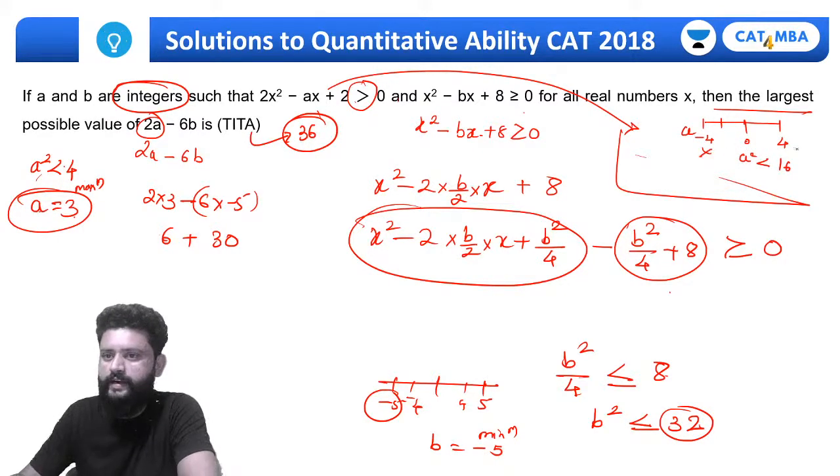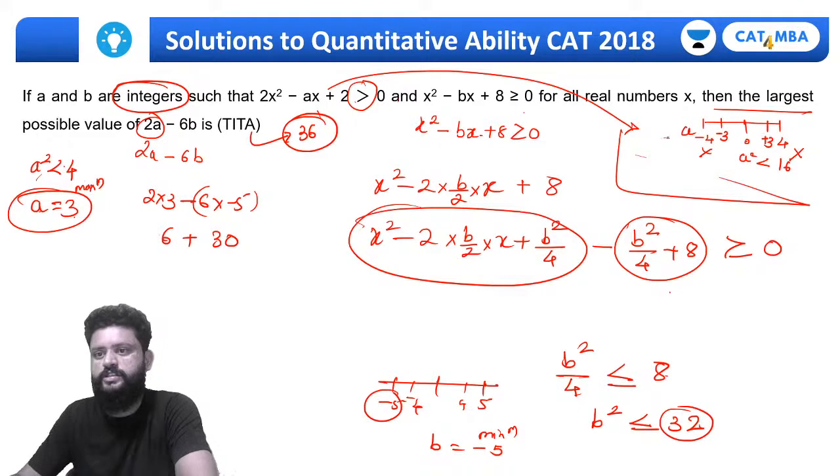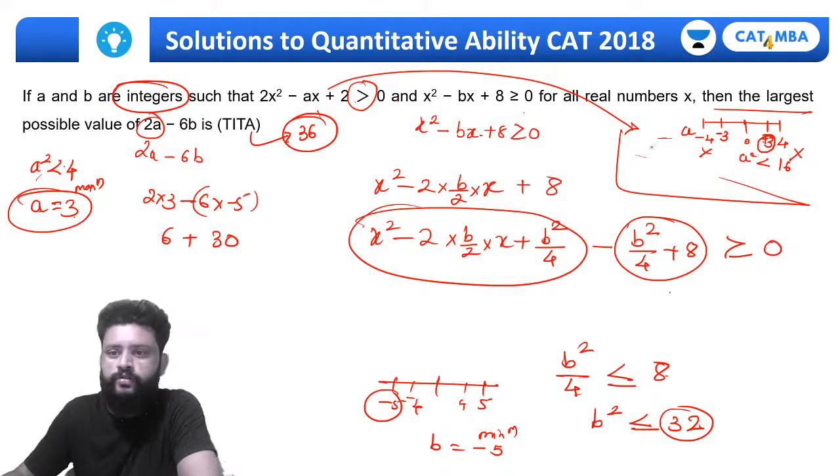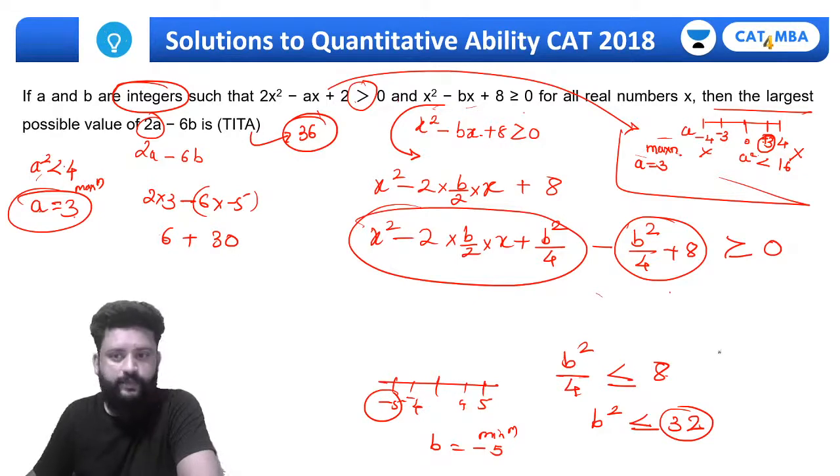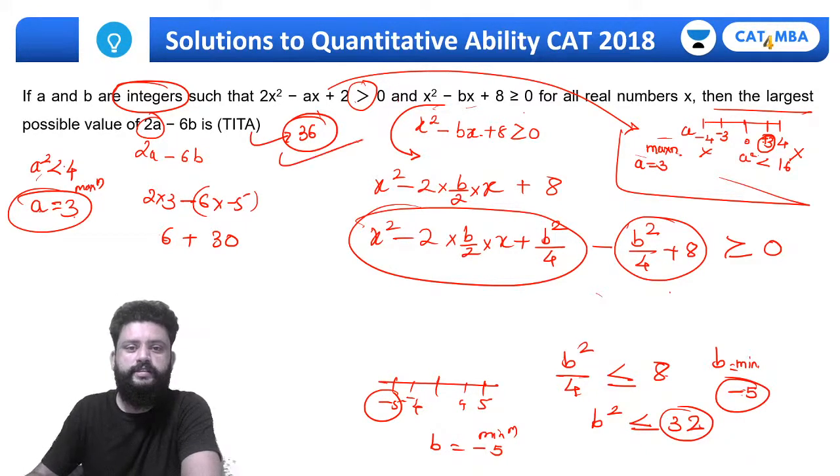So it cannot be 4 and it cannot be -4, so it can be -3 to +3. So that was a slight change. So maximum value that A can have is 3, and using this we can conclude B minimum can be -5. That's why the answer is 36.